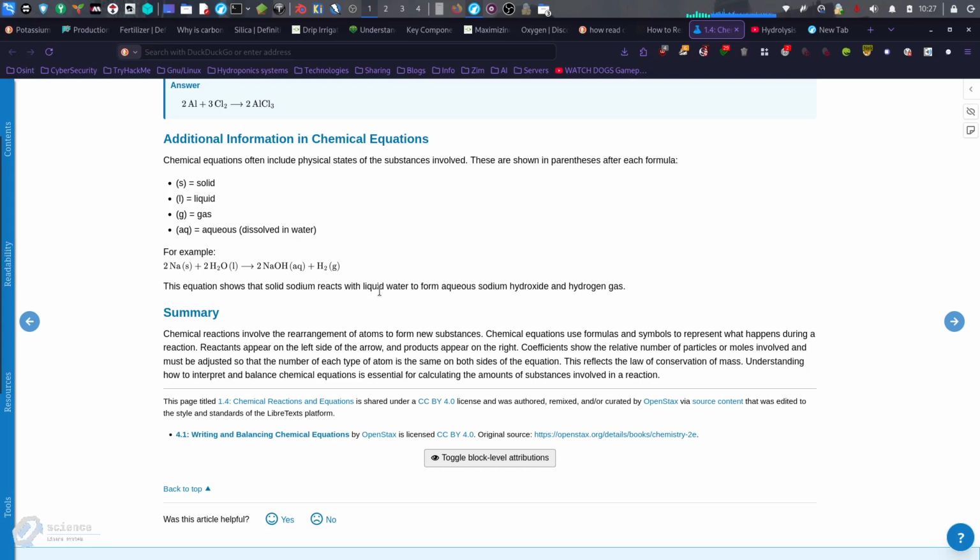Coefficients show the relative number of particles or moles involved and must be adjusted so that the number of each type of atom is the same on both sides of the equation. This reflects the law of conservation of mass. Understanding how to interpret and balance chemical equations is essential for calculating the amounts of substances involved in a reaction.